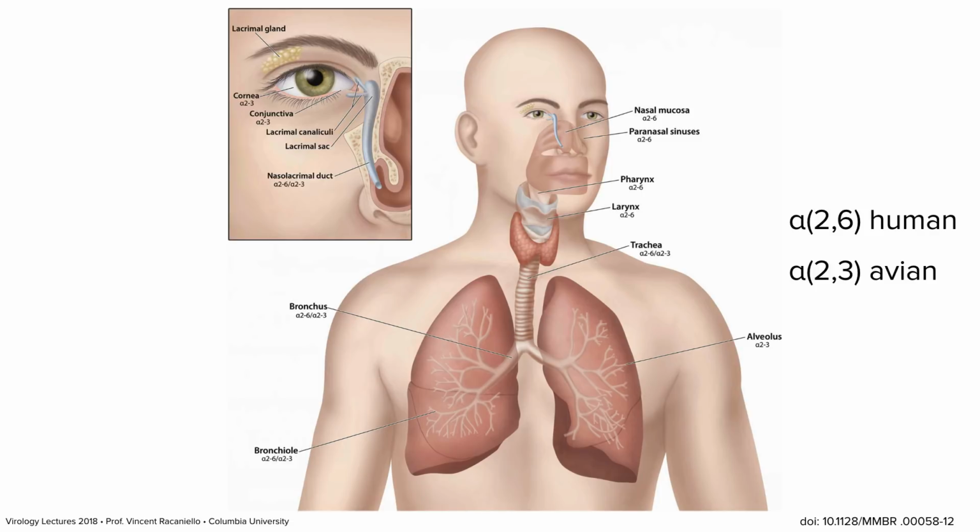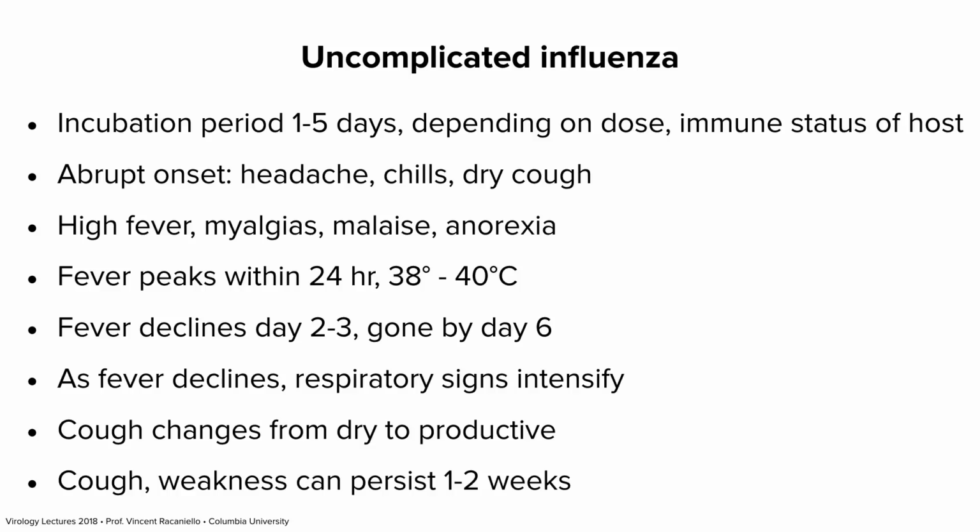So you can get conjunctivitis, and then it spreads to your lungs. The human strains typically prefer alpha-2,6 sialic acids, and you can see there are lots of them in the upper tract as well as the lower tract, and there are some up here in the nasolacrimal duct, not many on the eye though. So an eye is just another portal of infection. Keep your fingers out of your eye.